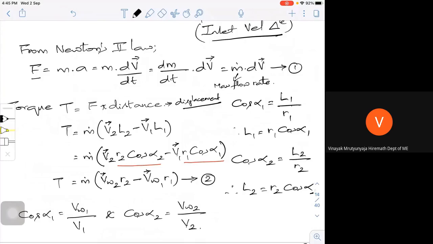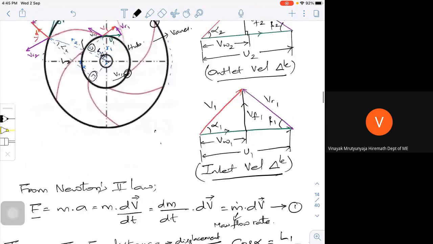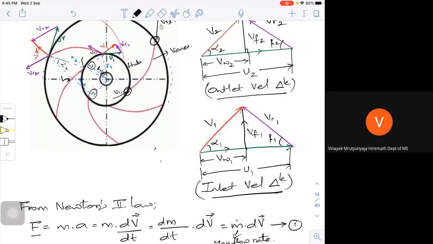Okay. Now go back and see this particular triangle. Let me call this L2, R2. You have this triangle, something like this. Let me take this triangle. This is your R2, this is your L2, fine. And what is your L2?